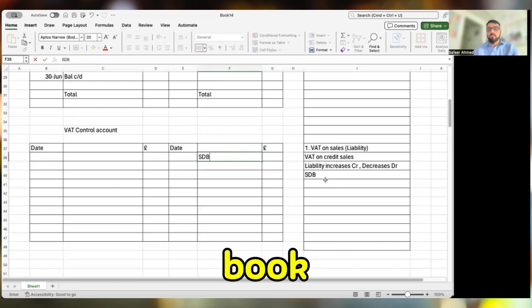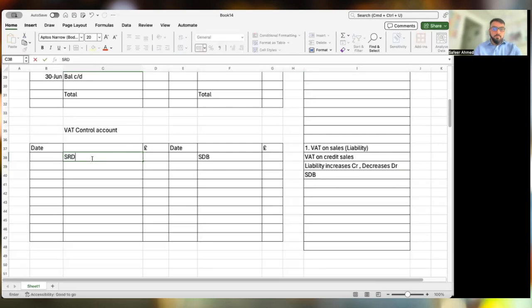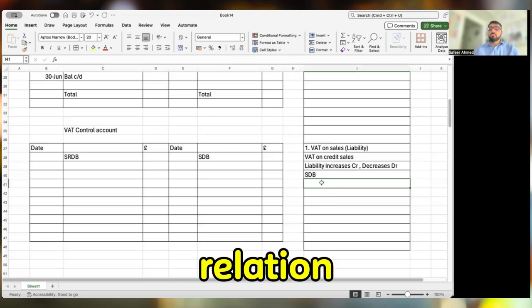Sales day book. Now, in relation to the credit sales, there could also be sales returns. So VAT on sales returns decreases the liability. Remember that if we haven't received this VAT, we are not going to pay it to HMRC. So a decrease in liability goes on the debit side. Sales returns, debit. Similarly, in relation to VAT on sales, you will have discount allowed.